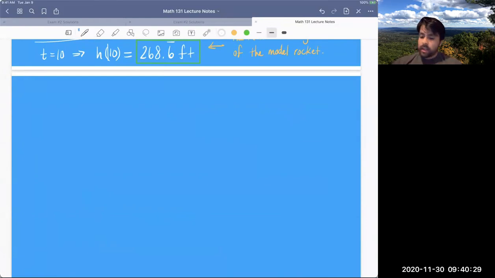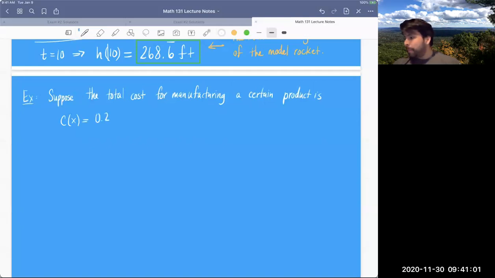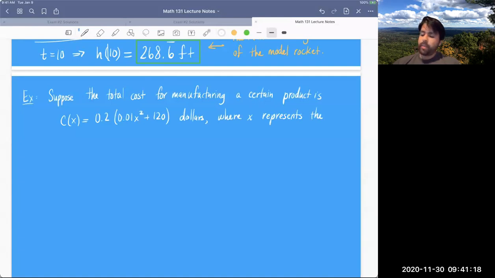Suppose the total cost for manufacturing a certain product is the cost function C(x) = 0.2(0.01x squared + 120) dollars, where x represents the number of units sold.